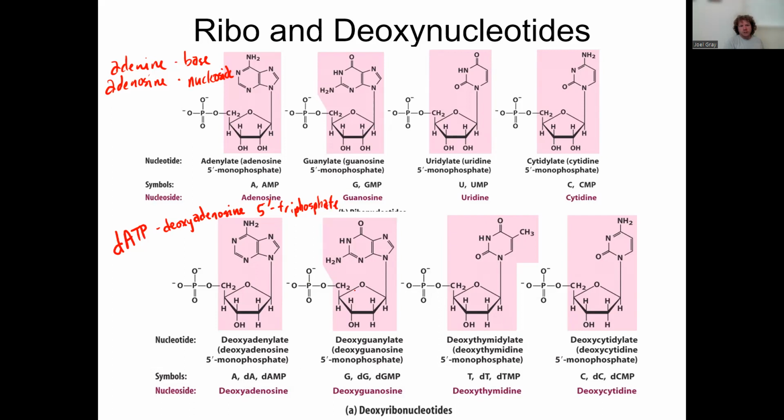An alternative to this would be, if instead of the 5' triphosphate, we had the 3' triphosphate. This tells you where those phosphate groups are. Are they at the 5' position or the 3' position? And that's just something that you have to learn by looking at these molecules or by looking at the nomenclature and being as explicit as possible.